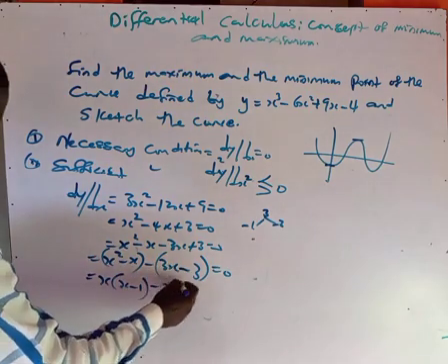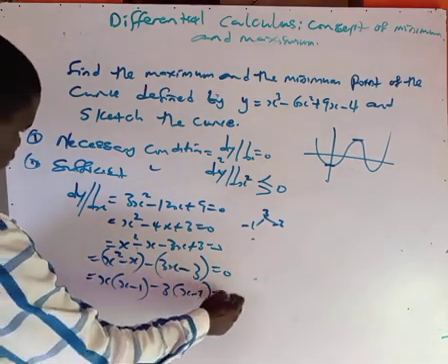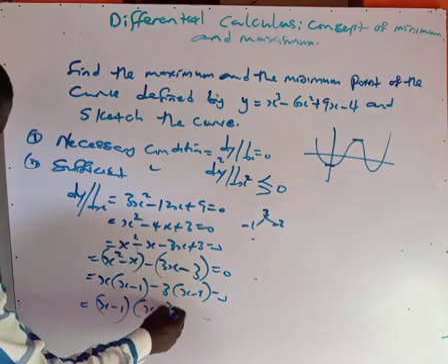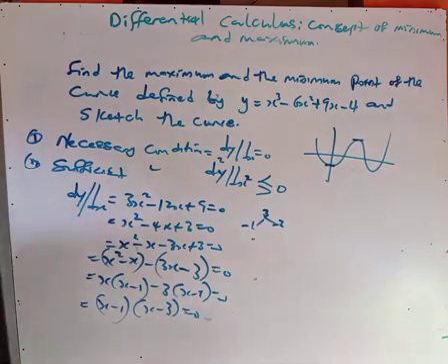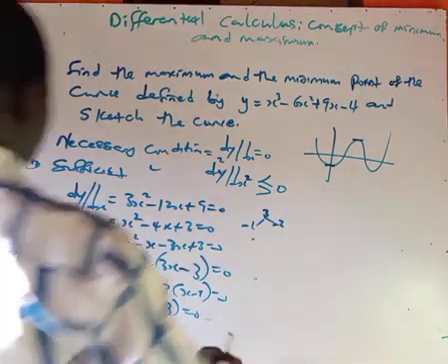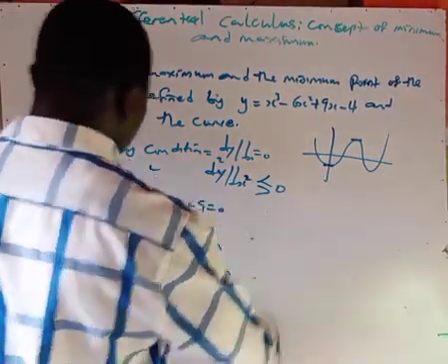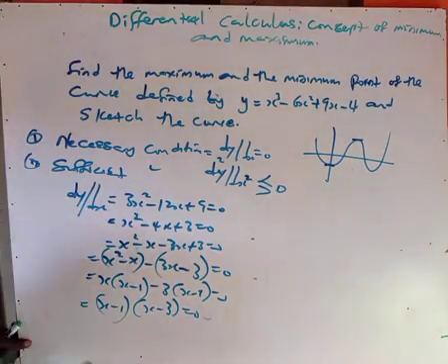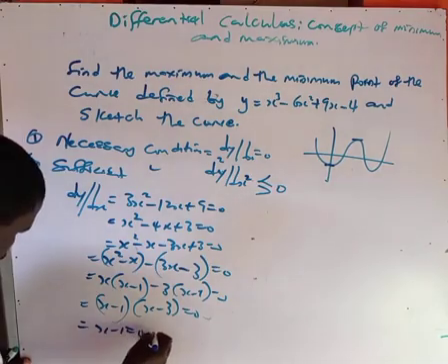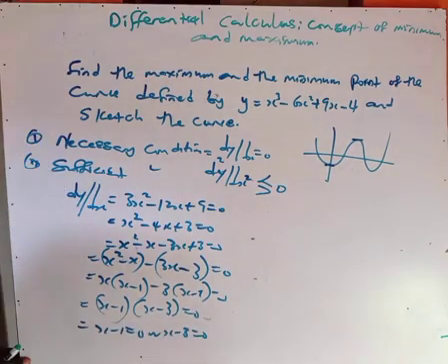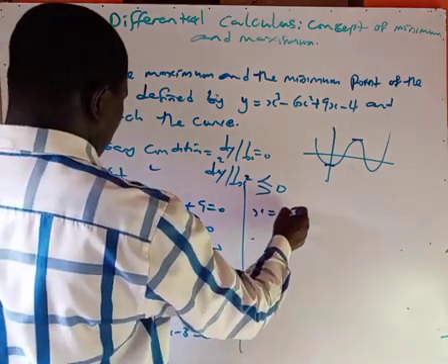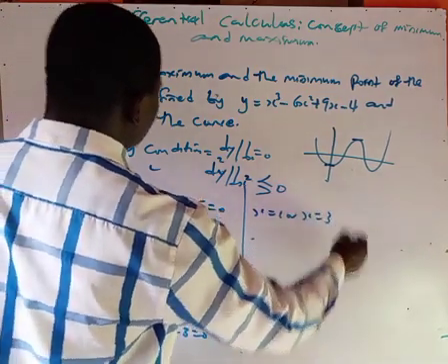You factor out minus 3, it will remain this, equal to 0. So you will have (x minus 1)(x minus 3) equal to 0. So from there, you can have x minus 1 equal to 0 or x minus 3 equal to 0. Then x equal to 1 or x equal to 3.